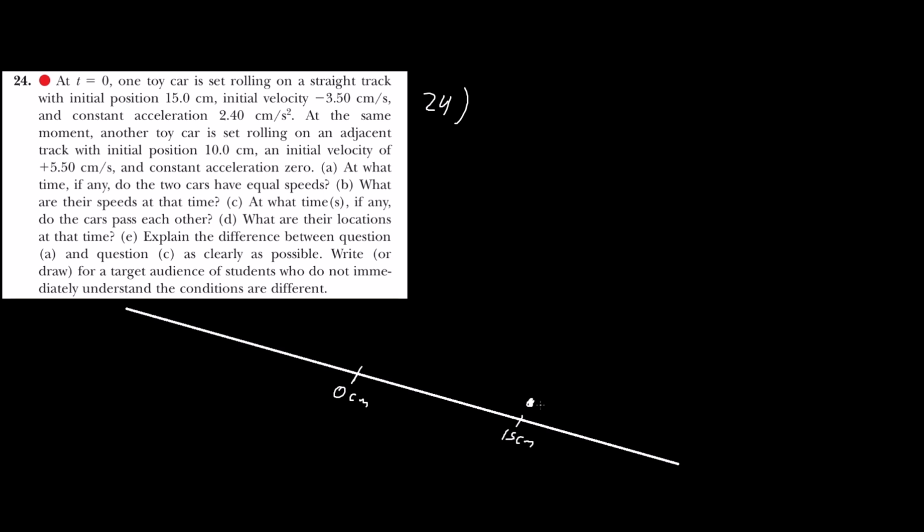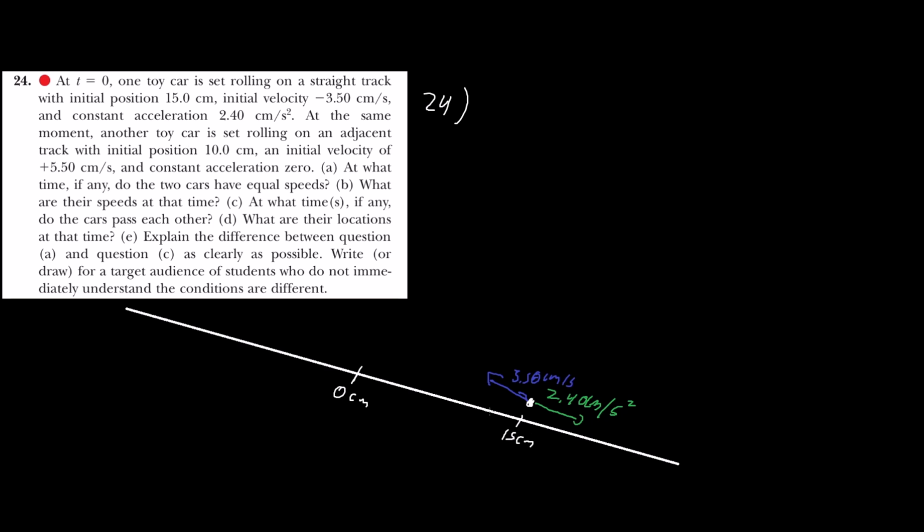All right, so here an object is going to have some initial acceleration of 2.40 centimeters per second squared, and the initial velocity, and I'm not going to write the negative though, I'm just going to write the magnitude 3.5, even though I always write down the signs, but just as a tradition, I'm going to do this for chapter 1 or 2, and then once we go to the later chapters, we can change that.